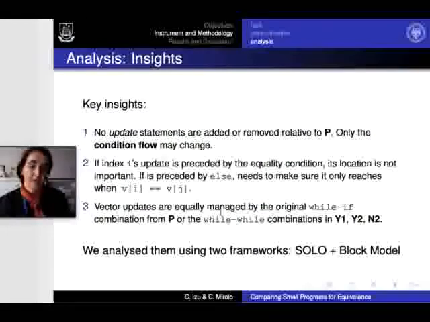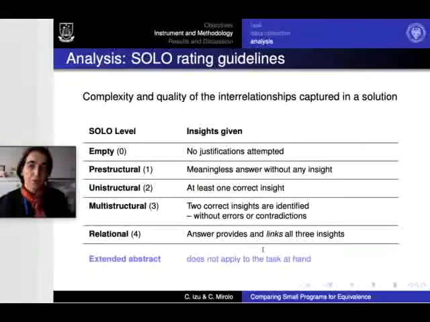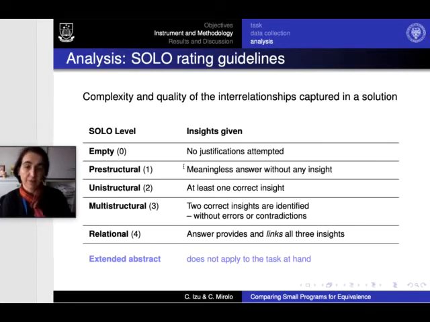And we analyze their insights using two frameworks, SOLO and the block model. In SOLO, we map the number and the quality of the justifications as follows. If there are no justifications, it's empty. If the justification was very poor, they're working at the prestructural level.